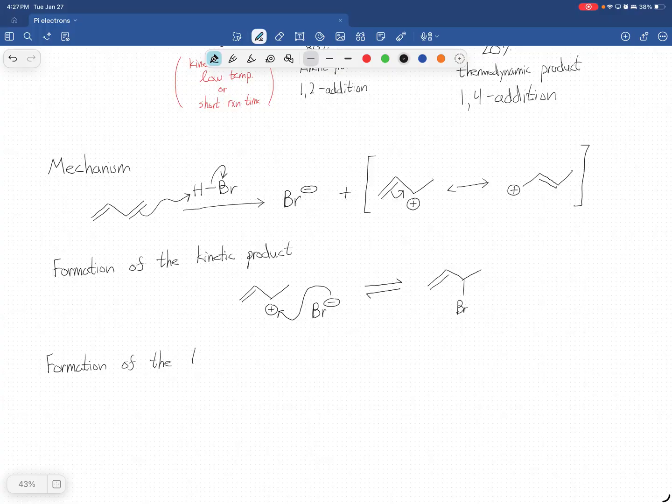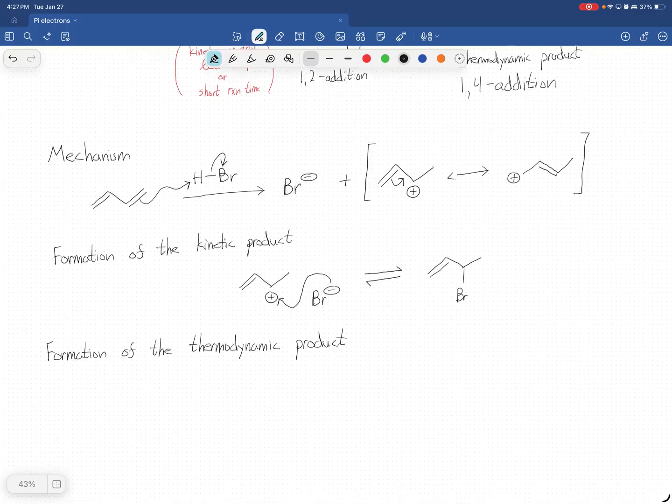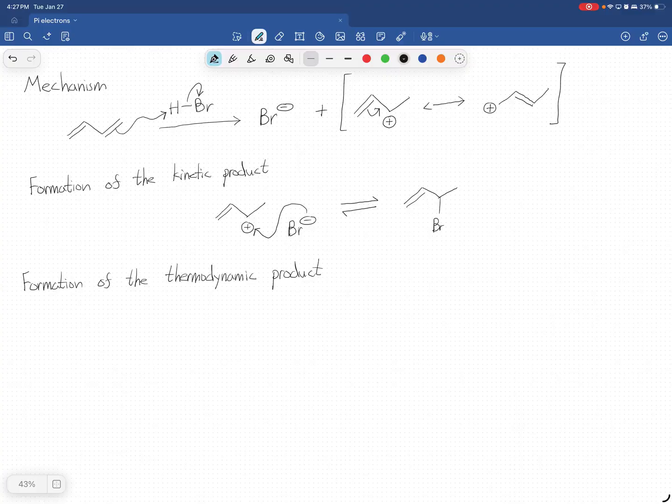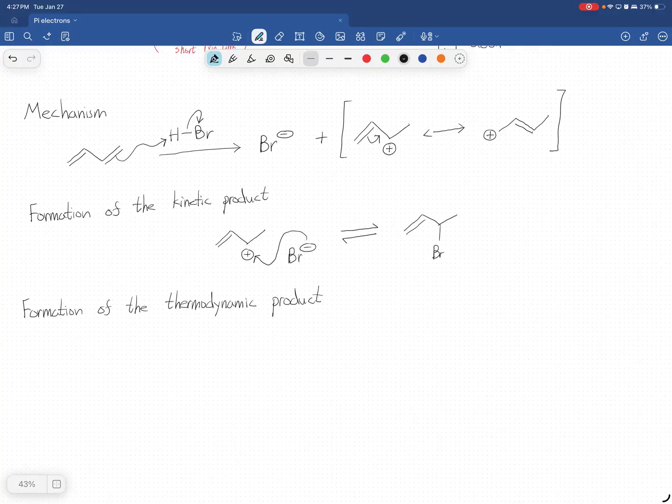Now let's talk about the thermodynamic product. How would the thermodynamic product form? Which carbocation should we use? The more stable one or the less stable one? Yeah, the less stable. We're going for the more stable product overall.